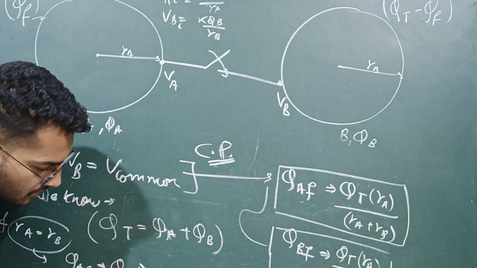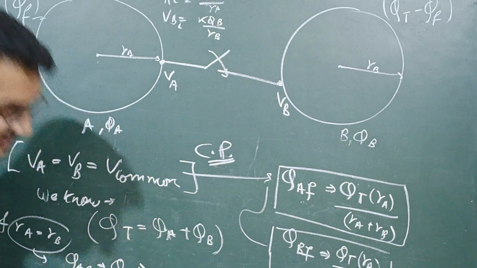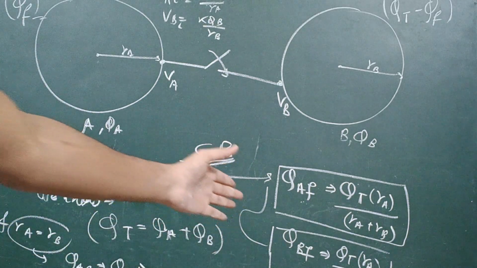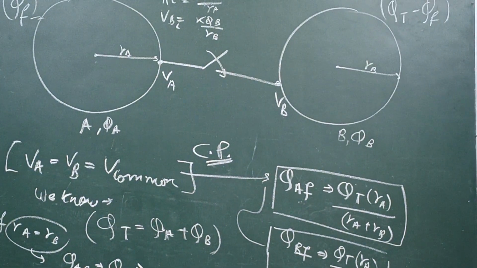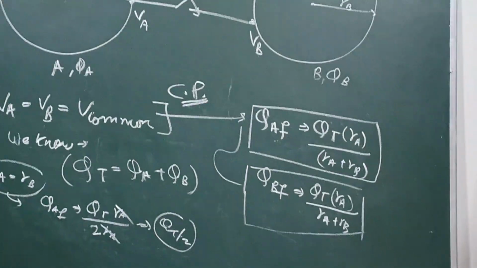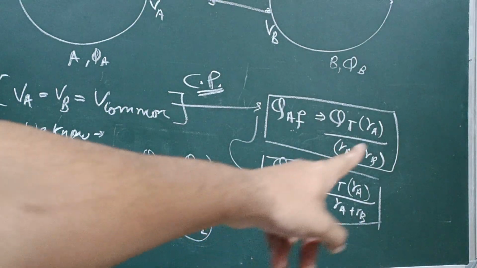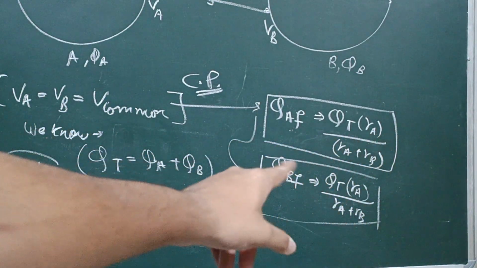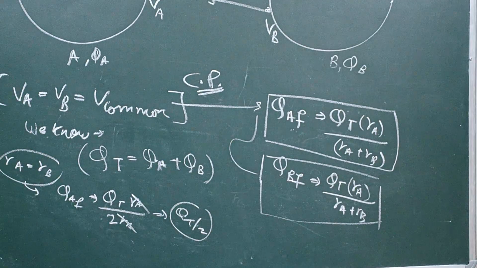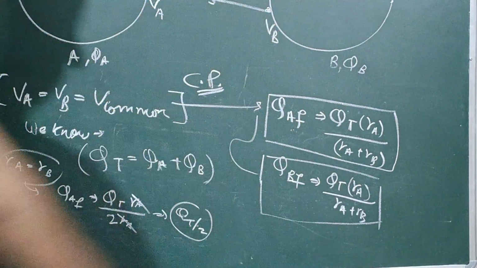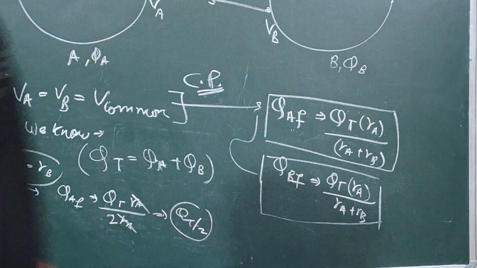So it just becomes QT by 2, and subsequently that charge distribution, which is nothing but QBF, the final charge on B, will become QT by 2.